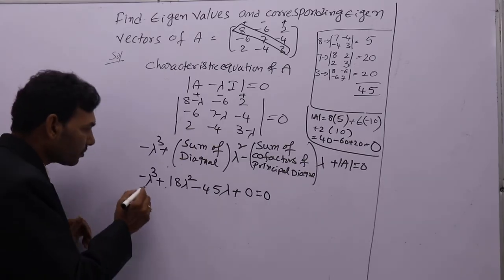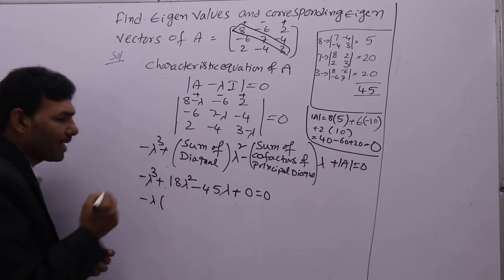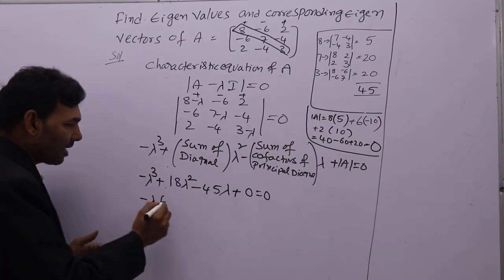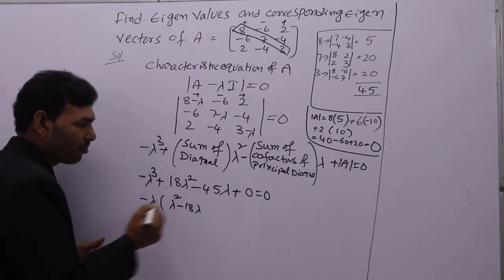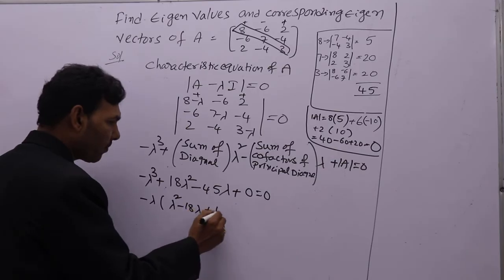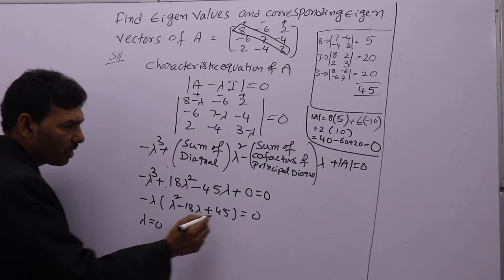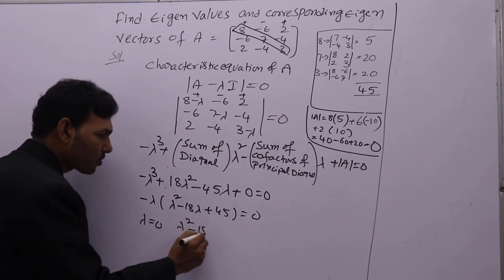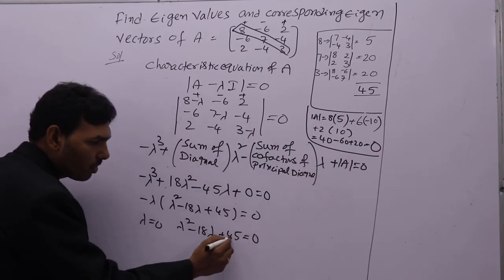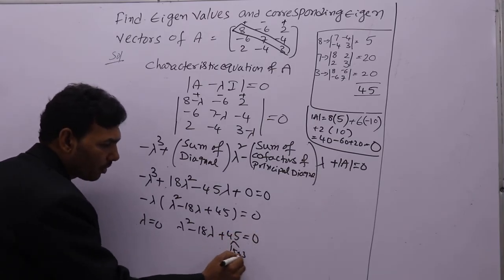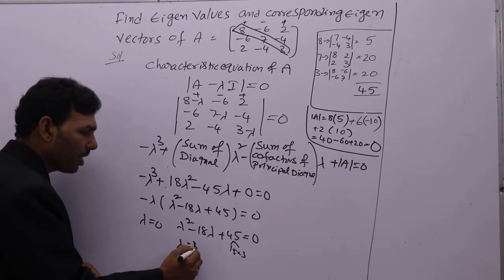Now, in these 3 terms, I am taking minus lambda as common. If you take minus lambda common, you get lambda square minus 18 lambda plus 45. So lambda will be 0. If you solve lambda square minus 18 lambda plus 45, 15 into 3, the remaining 2 values are 3, 15.